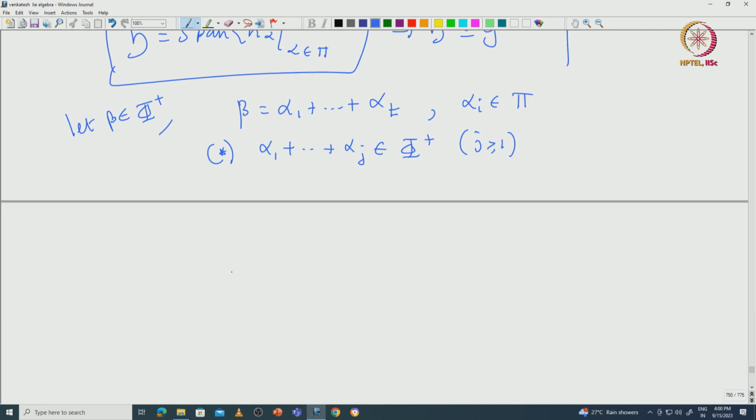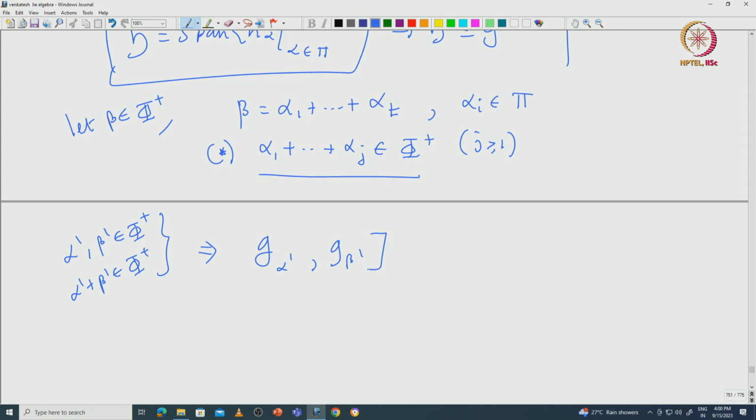Now you can see using this property and the following observation: whenever you have alpha dash, beta dash inside phi plus, and if you know that alpha dash plus beta dash is again inside phi plus, then from this you can guarantee that the bracket of G alpha dash and G beta dash must be exactly G alpha dash plus beta dash.